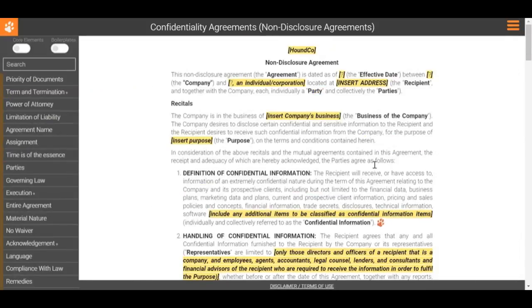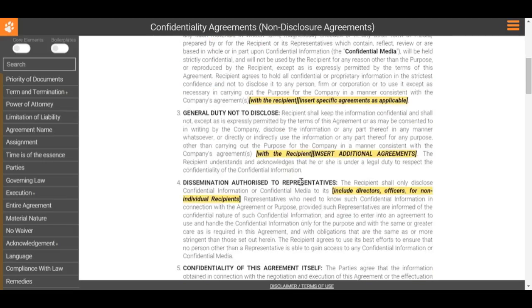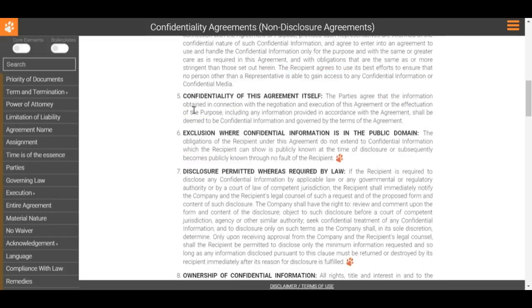We're continuing to discuss the NDA or confidentiality agreement. The confidentiality agreement sets out items that are considered to be confidential that are disseminated between counterparties. The agreement itself could also be considered confidential, if specifically stated as such. In this sample contract, you can see that the confidentiality of the agreement itself is included.